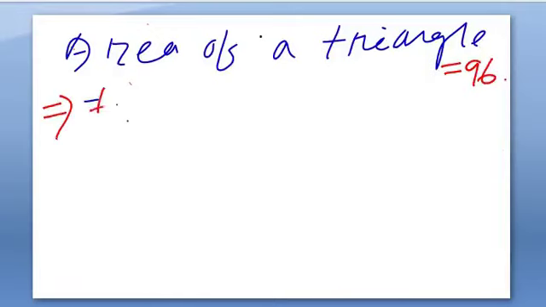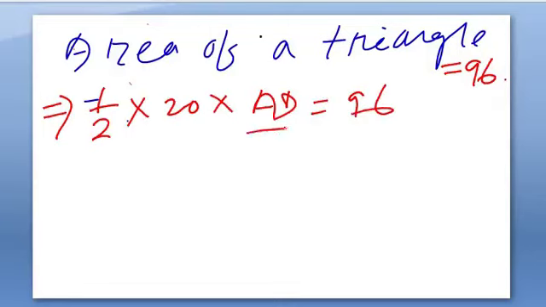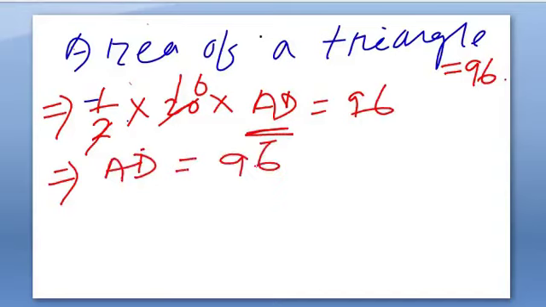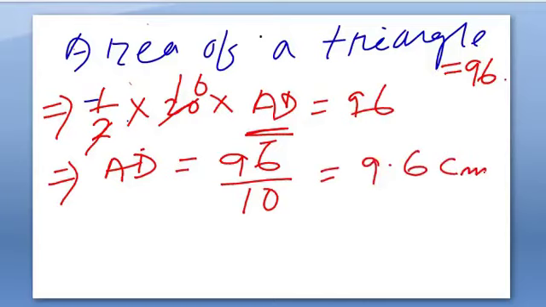This implies half into base, the longest side, 20, into height, the altitude AD, equal to 96. Question asked is to find the length of the altitude. 2 1 2 is 10, implies AD equal to 96 divided by 10, equal to 9.6 centimeter. It is not square centimeter.